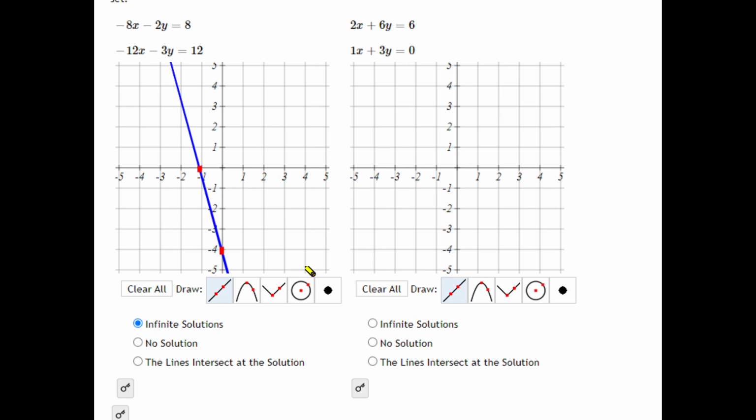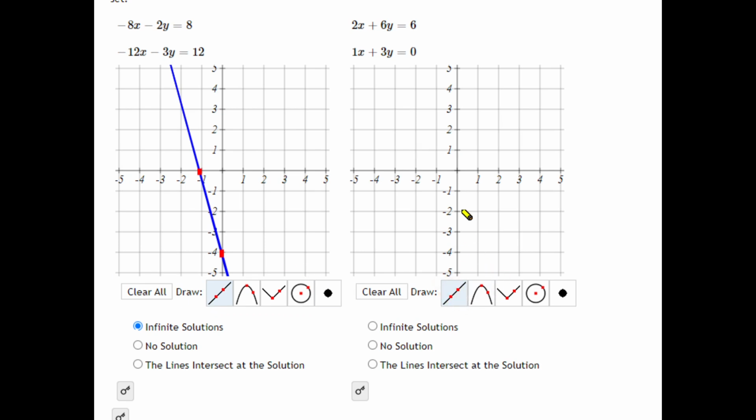So for equation 1, I select my line tool. My y-intercept was 1. My slope was negative 1/3, which means I go down 1 and then over 3. 1, 2. That's my first line.